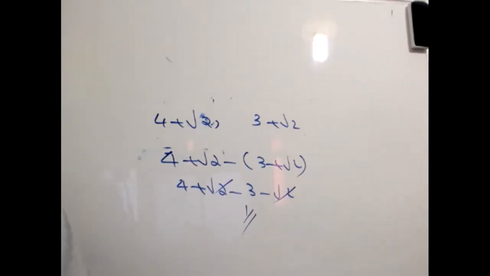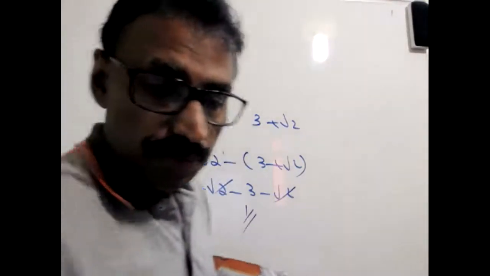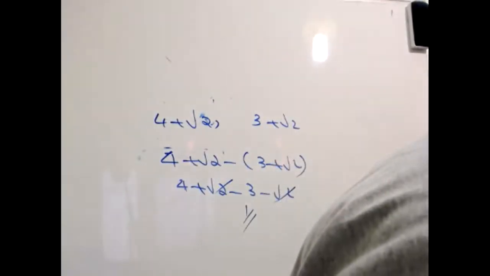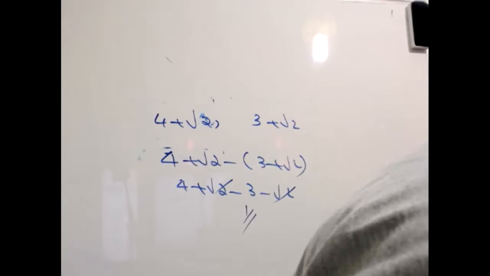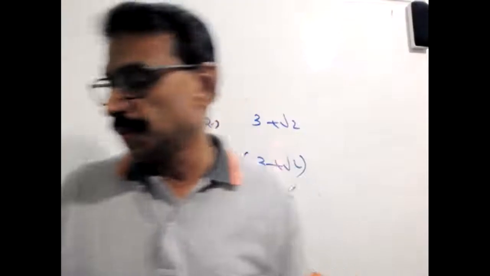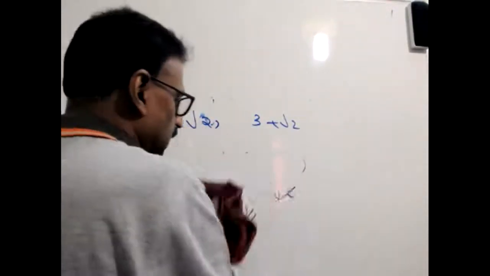Product of two irrational numbers is rational.